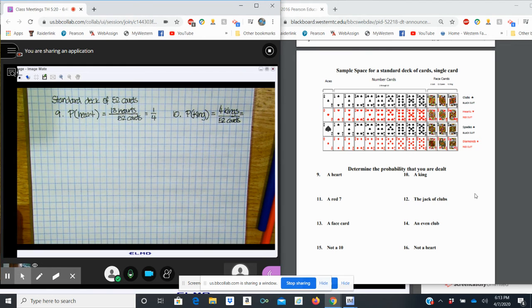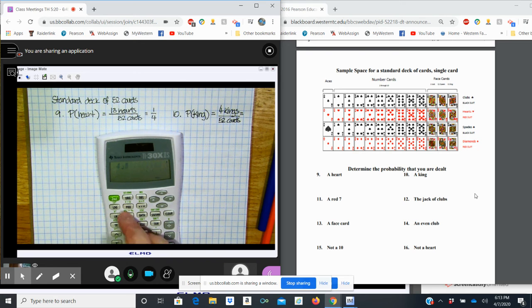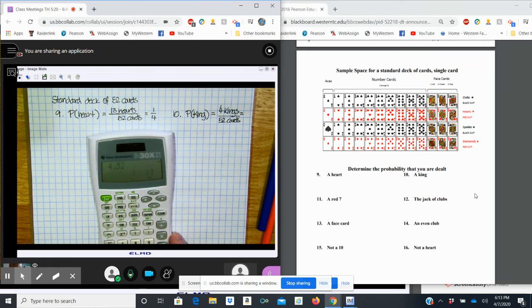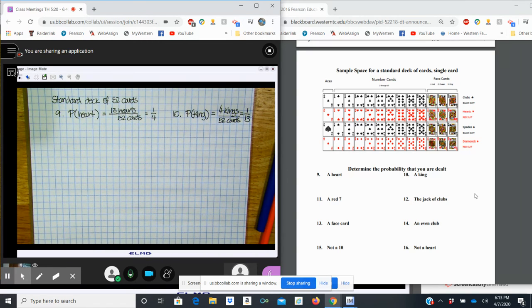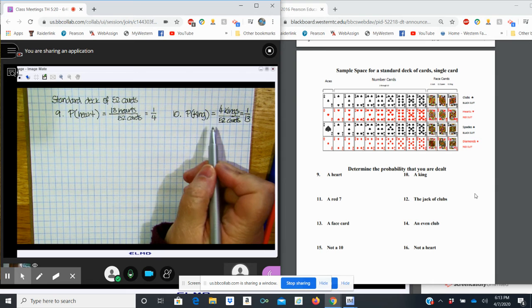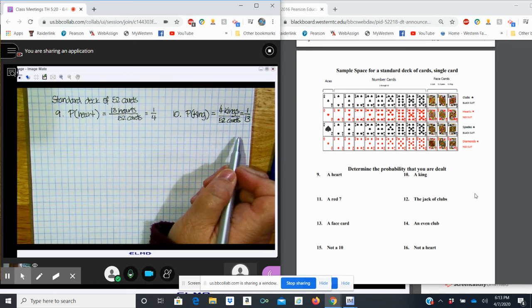And again, you check to see if this reduces. 4 out of 52 does reduce to 1 out of 13. So the probability of getting a king is 1 out of 13.